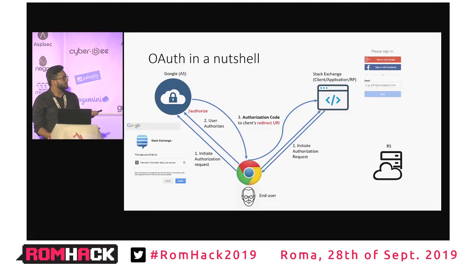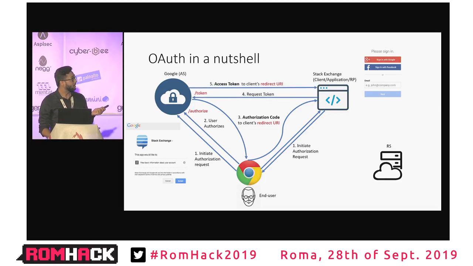So once the authorization code reaches the client, it can get an access token on behalf of the user. For this request, the authorization code needs to be sent in the fourth step. And the access token can then be used by the client to access the resources.